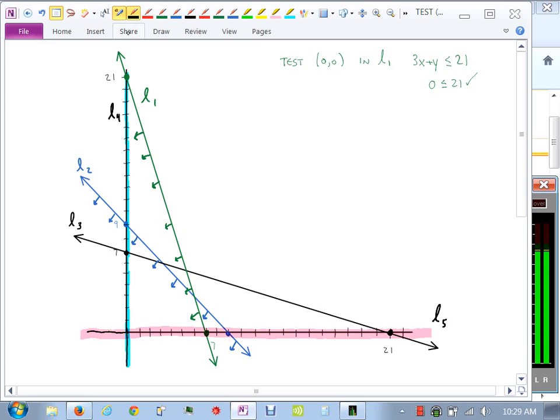And then L3, everything below L3. What about L4? Everything to the right. And then for L5, everything above.